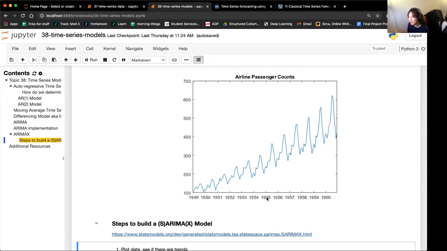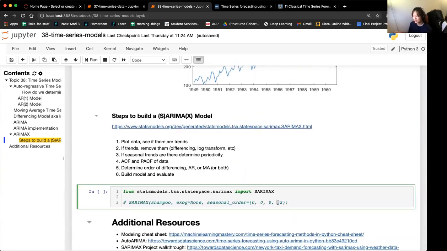If this is monthly data, then you put 12 here. This is just however many data points there are in one revolution of your seasons.